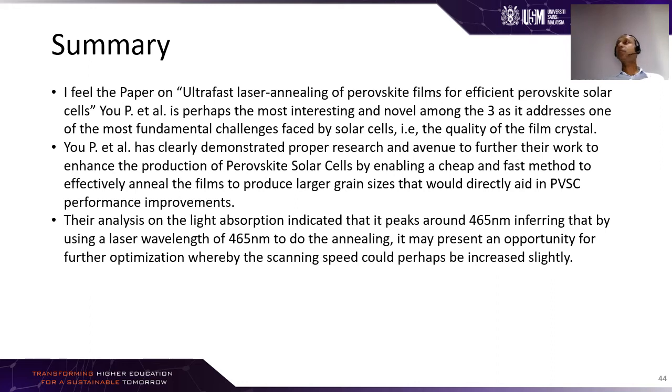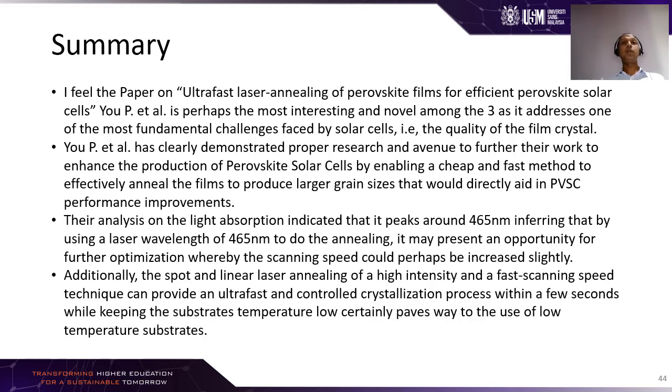Additionally, their analysis of the light absorption indicated that it peaks around 465 nanometers, inferring that by using a laser wavelength of 465 nanometers to do the annealing, it may present an opportunity to do further optimization, whereby the scanning speed could perhaps be increased slightly.